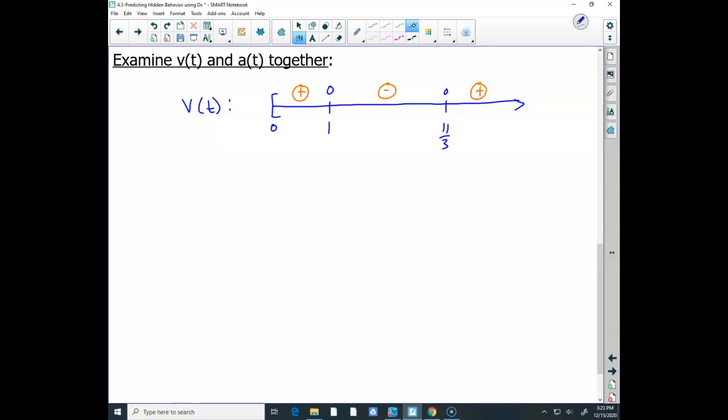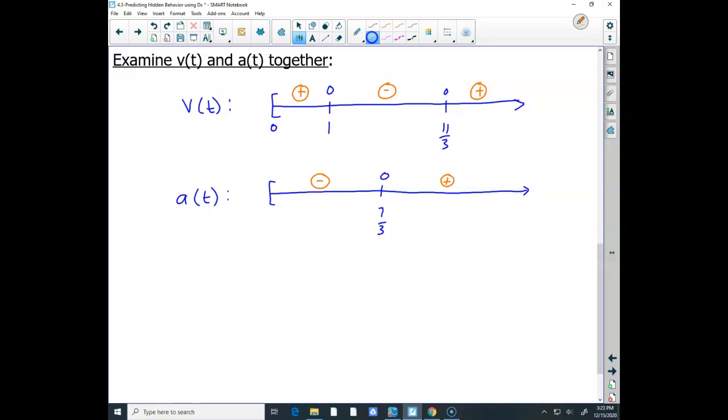And then I also have my acceleration function here, which I want to parallel underneath this. 7/3 is somewhere in here, okay? And I was 0 there, and on my acceleration, I was being pulled to the left right away, and then I was being pulled to the right.